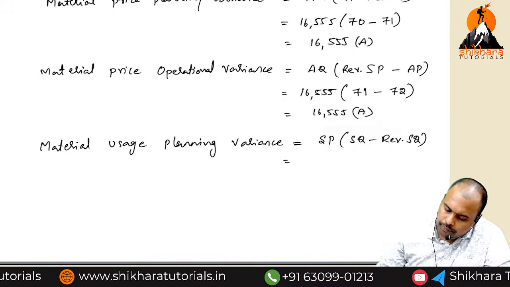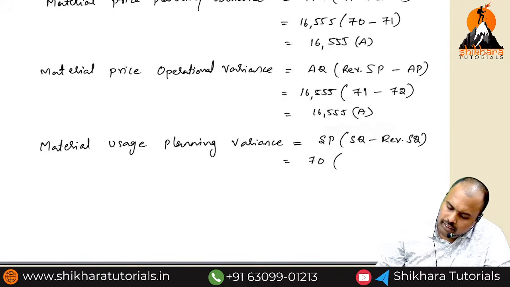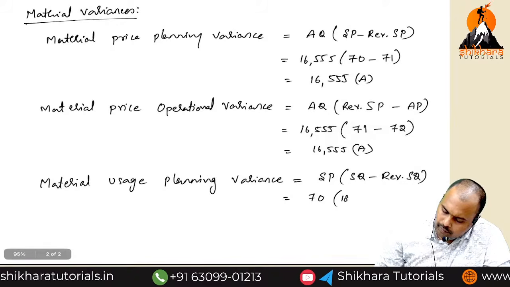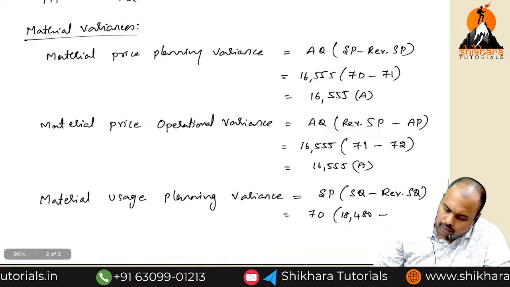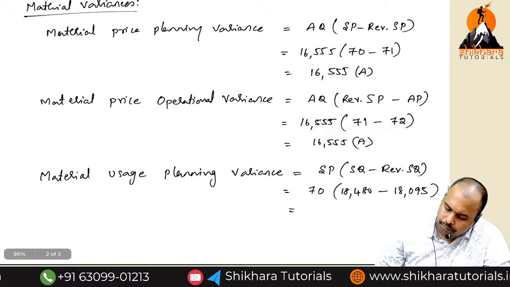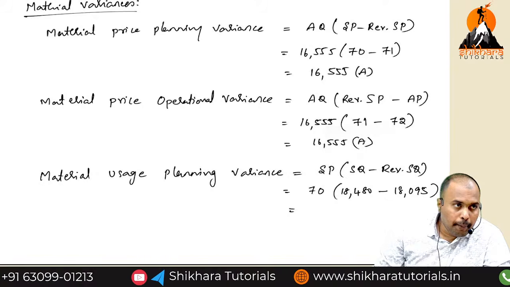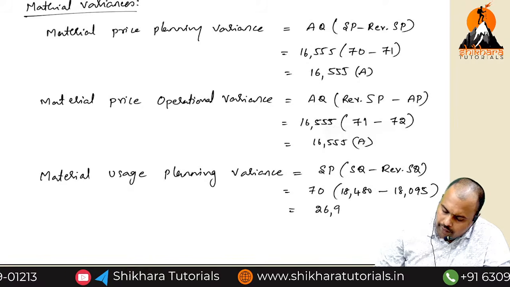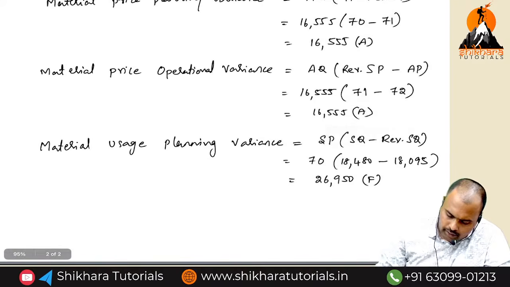So standard price is 70, standard quantity is 18,480 minus revised standard quantity 18,095. So that is equal to 26,950 favorable.